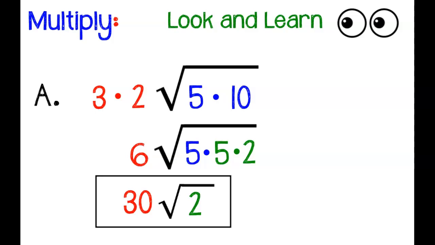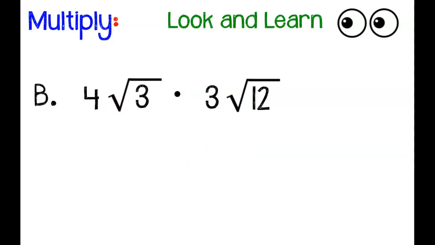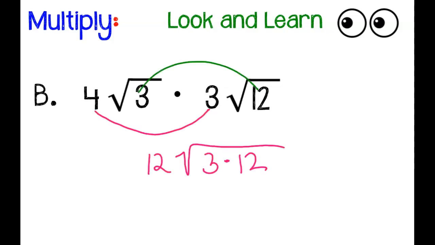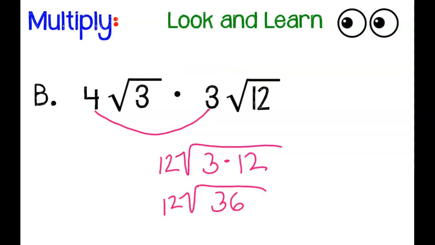Let's try that again. 4 square roots of 3 times 3 square roots of 12. 4 times 3 and 3 times 12. 4 times 3 is 12 and 3 times 12 is 36. Now I know I said don't multiply and get bigger, but 36 is a perfect square. So I don't need to factor it down.